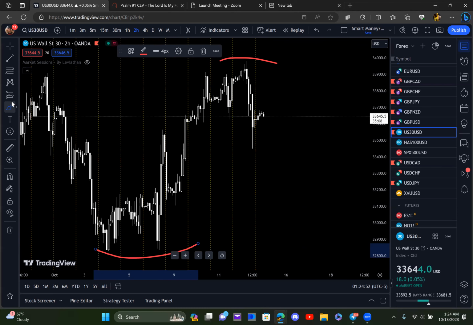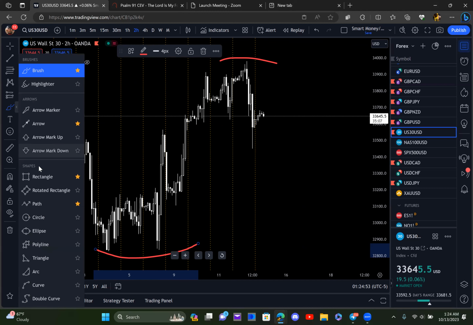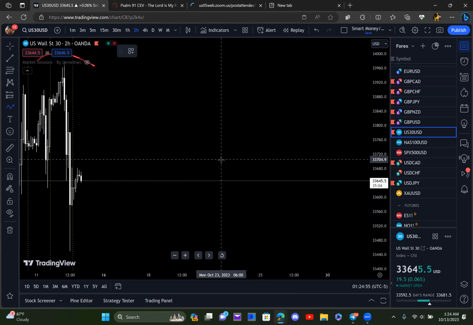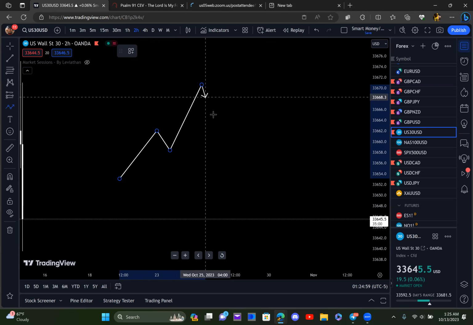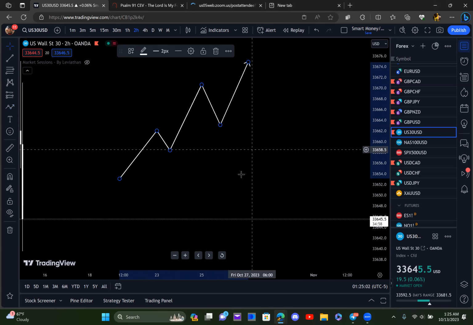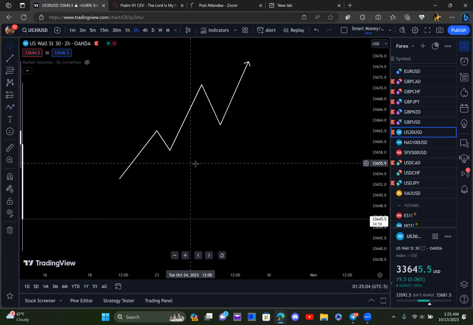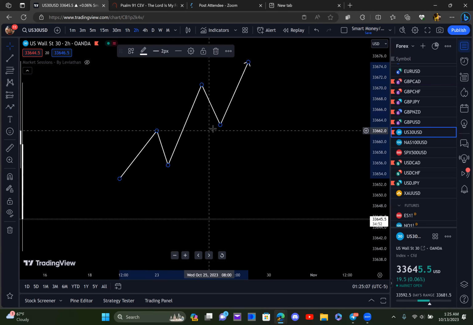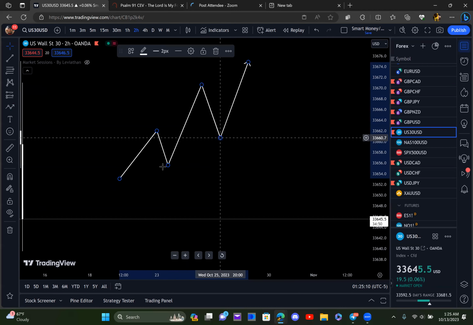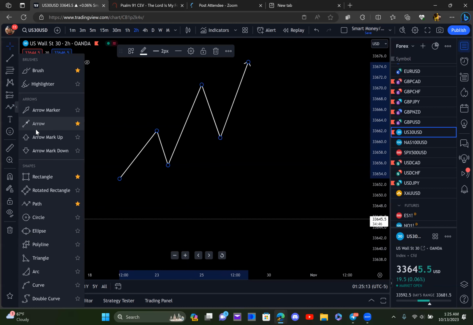Say for instance, we have an uptrend, with price going from one liquidity area to the next. Let me bring this down some. Every area of liquidity within the range is called internal liquidity.